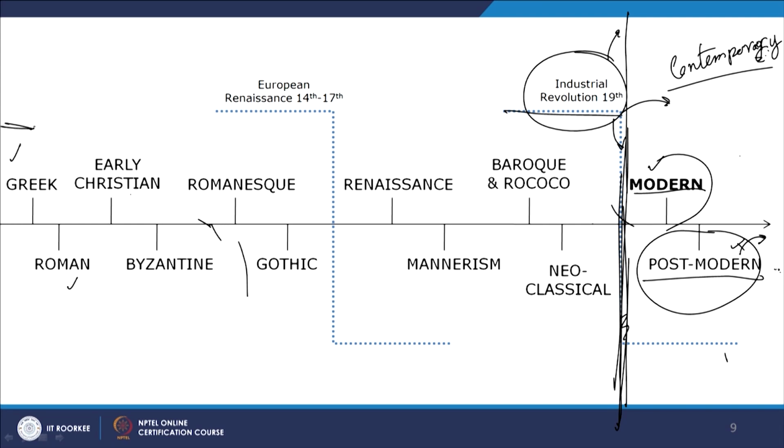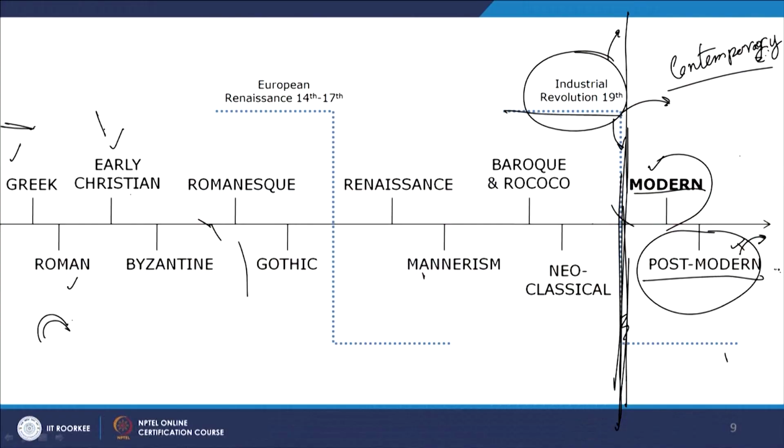Greek was mainly trabeated. Romans started making arches, and then came the early Christians. We see a lot of examples of churches, where the plan is typically cross-like.